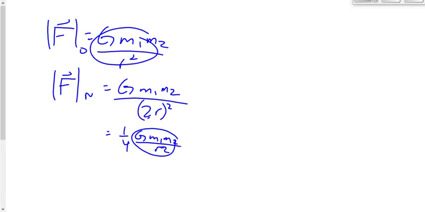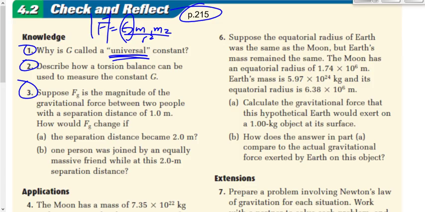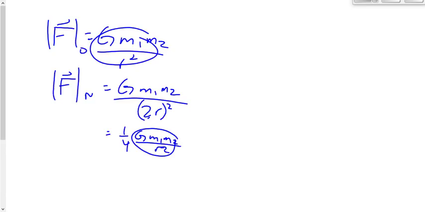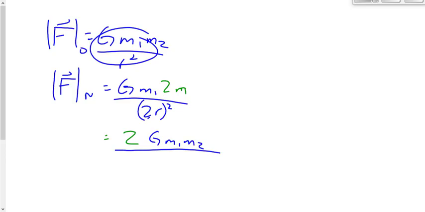The second question: one person was joined by an equally massive friend while at this 2-meter separation distance. So let's make one of the masses 2m here. This becomes 2Gm1m2 over 2 squared, which is 4r squared.